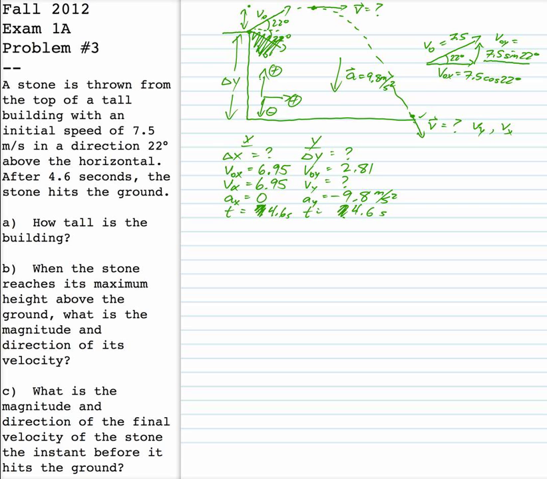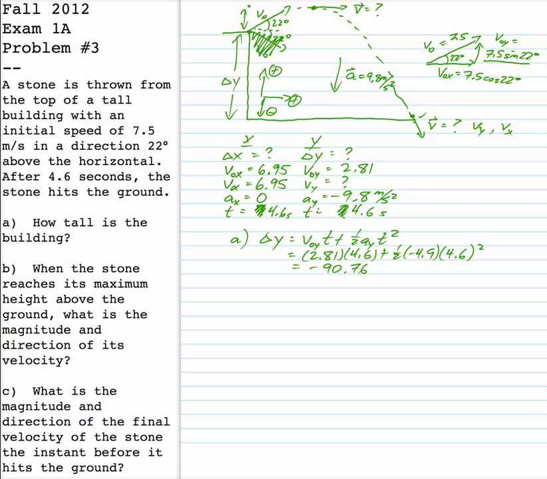Okay, so let's start with part A. It asks us to find the height of the building, find delta y. Well, that should be easy enough. We can just use the equation that doesn't have Vy in it, and that is delta y is equal to V0y t plus 1/2 a t squared. So that's 2.81 times 4.6 plus 1/2 times minus 9.8 times 4.6 squared, which works out to be minus 90.76.